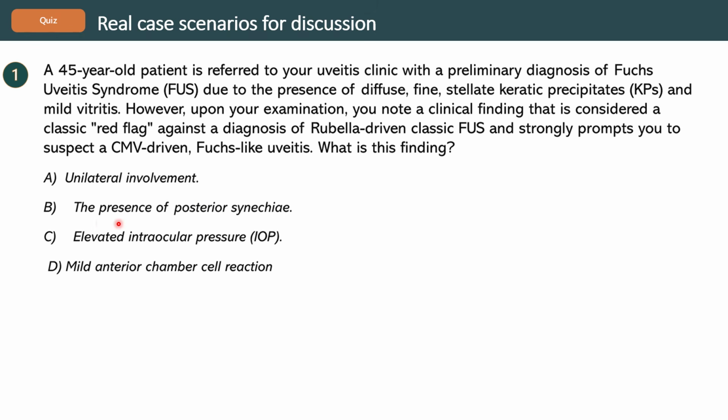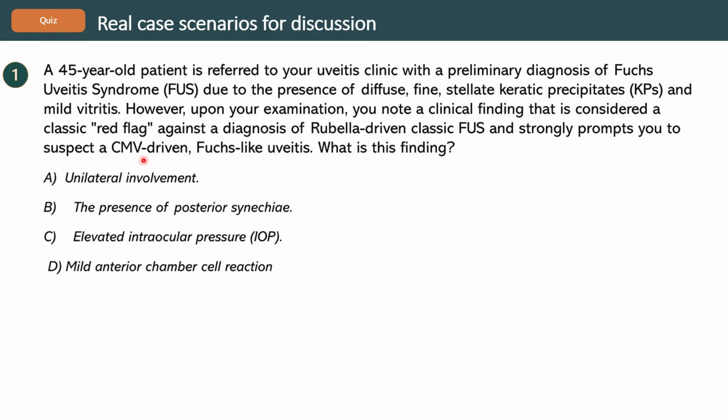Presence of posterior synechia, this is very important now, because in the classic type you will never find posterior synechia. If you find posterior synechia, this points to another viral etiology, most likely cytomegalovirus. As you know, we said that the presentation of cytomegalovirus can be as Fuchs-like uveitis syndrome, or Posner-like uveitis syndrome, or a chronic manifestation, or like endotheliitis.